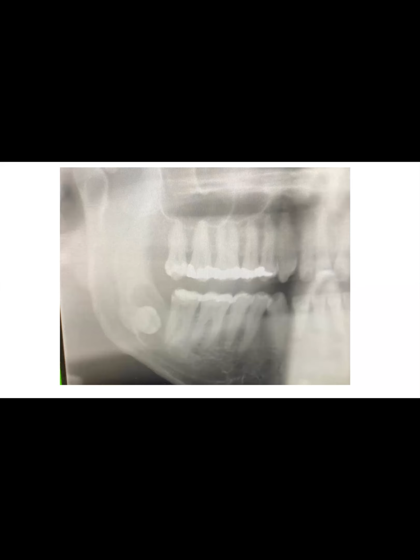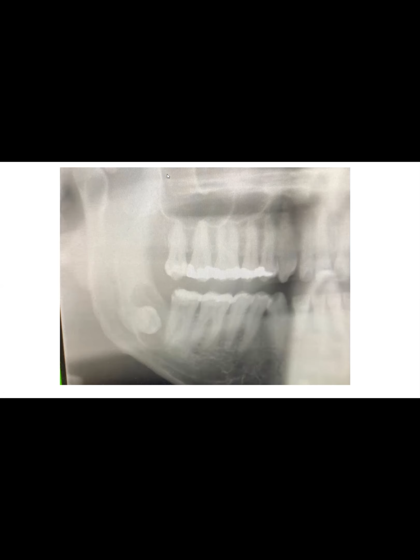I think we should do an exam on the other teeth too, to be sure that the 4-7 is healthy. 4-7 is vital. Okay. Right. So what's going to be on the top of your differential diagnosis? As I said, it could be a dentigerous cyst. Yes, could be a dentigerous cyst. Exactly. That will be on the top.